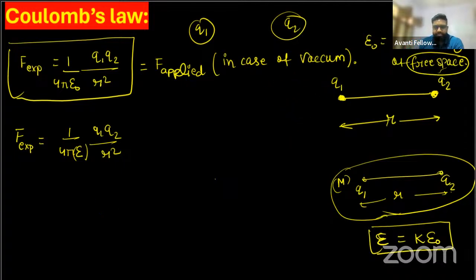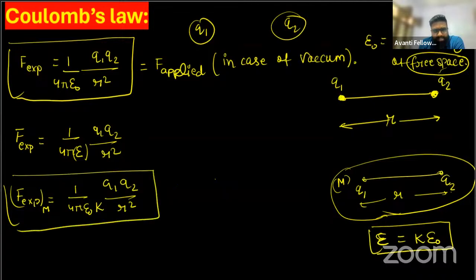So we can say that if you put the value here, force experienced in a medium is 1/4 pi epsilon naught k q1 q2 upon r square, okay, which ultimately gives that the force experienced in a medium is reduced to the force experienced in vacuum divided by k.